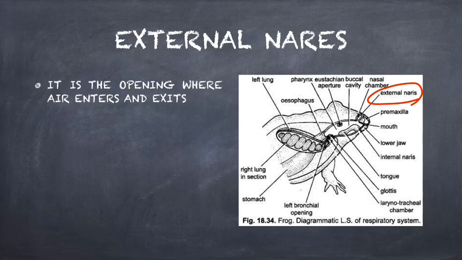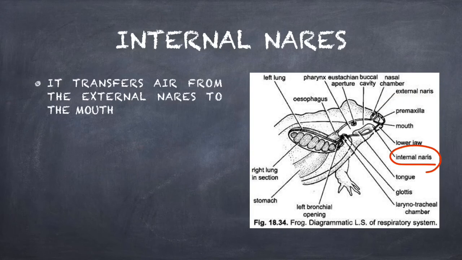External nares. It is the opening where air enters and exits. That's what you can see in the diagram. Internal nares. It transfers air from the external nares to the mouth, as I have said earlier in the respiratory system of a toad.